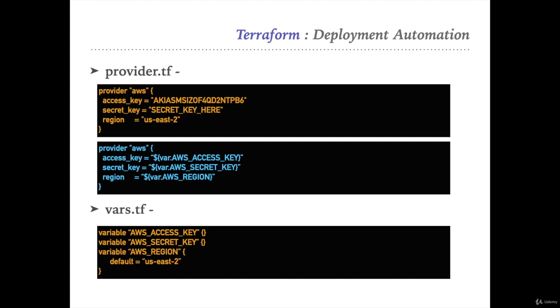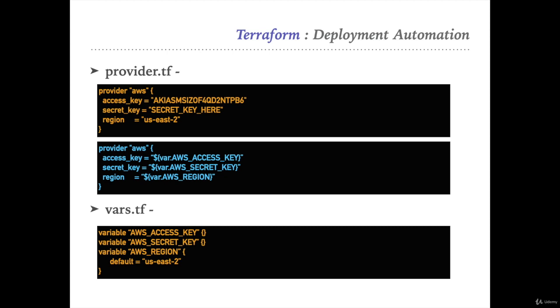But inside the AWS_region, you can see I'm defining a property called default. It means if the user is not providing the AWS region, then you can use the default US East 2, right? But if the user is providing the AWS region, then you need to use that particular region. So this is the variables.tf or vars.tf file which you can create.